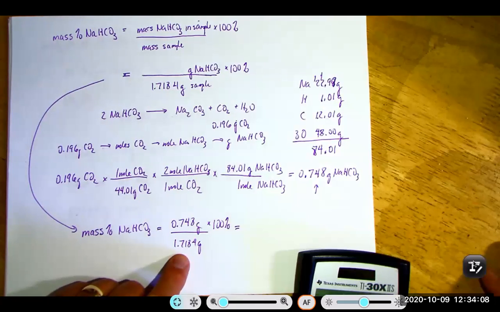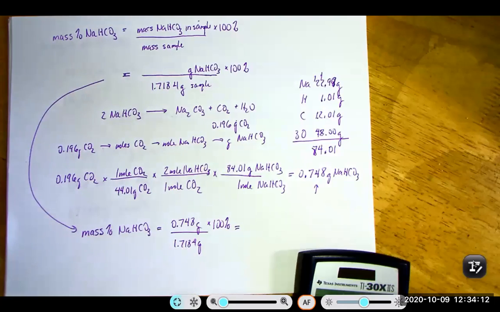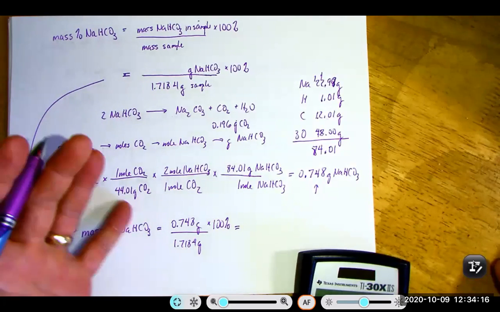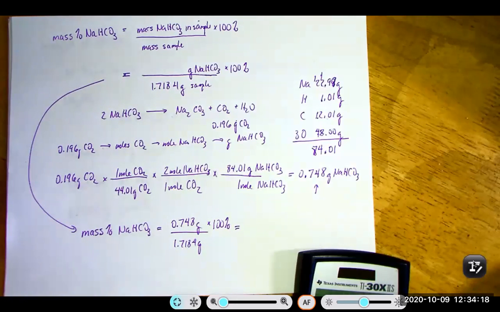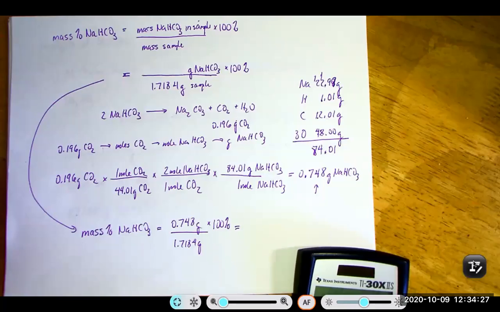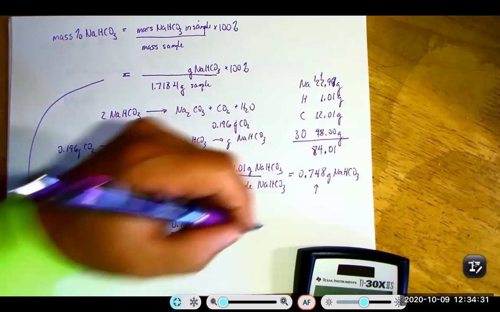So the percent yield should be less than half, or less than 50%, but kind of close. So we expect the percent yield to be in the range of like 40%-ish. And we get 43.5%.